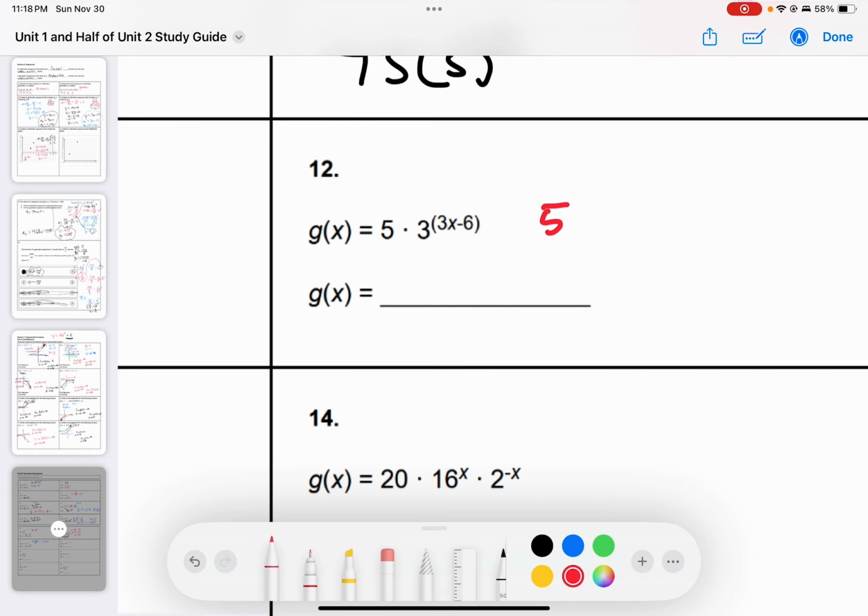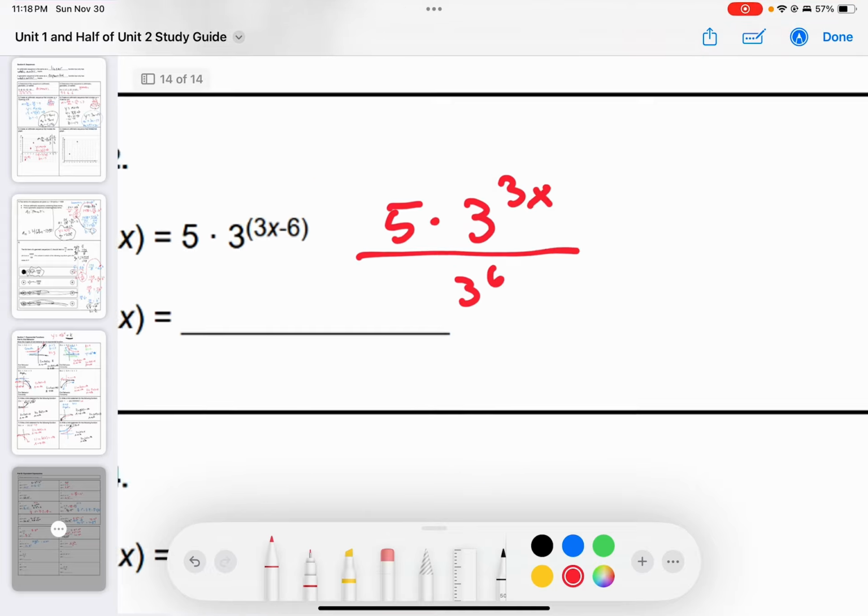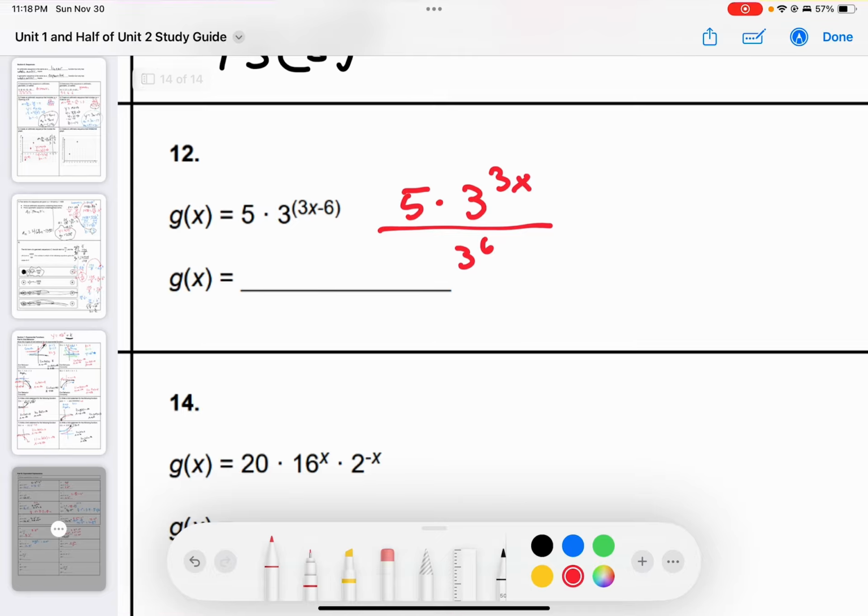We can rewrite this as 5 times 3 to the 3x over, because of subtraction, so I'm dividing, 3 to the 6th. All right, 3 to the 6th. 3 times 3 is 9, times 3 is 27, times 27 is 729.